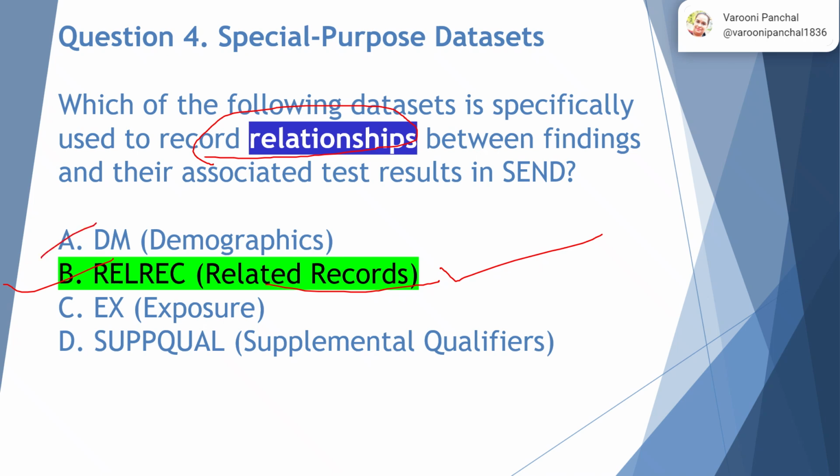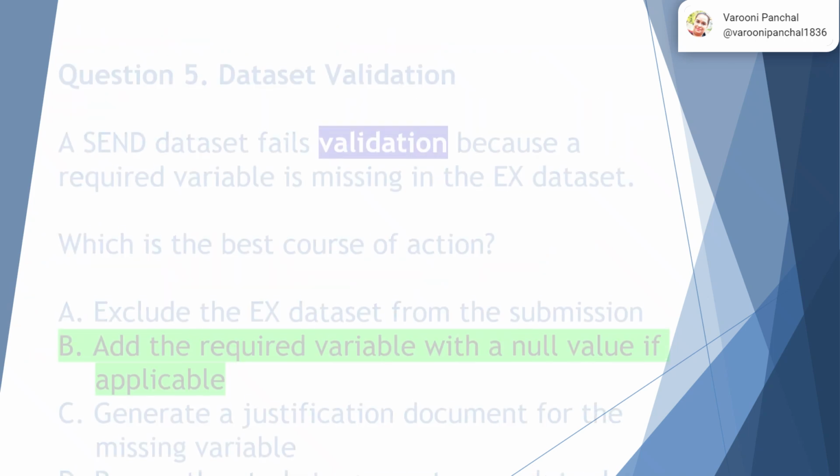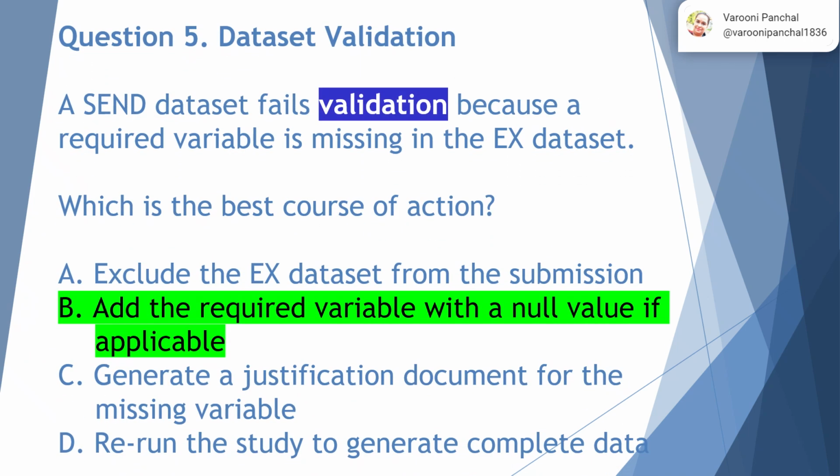Option A DM, that is not the right answer. Option C EX exposure, that is also not the right answer. Supplemental qualifiers, no, that is also not the right answer. The RELREC related records domain is the specific domain used to record relationships between findings and their associated tests.